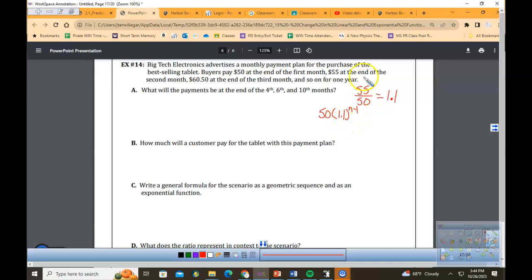I found my r, plugged it in. My a sub 1 is 50. So for my a sub 4, I'm going to take that 4 and plug it into this equation. It'd be 50 times 1.1 to the 4 minus 1. And when I do that, I got $66.55.